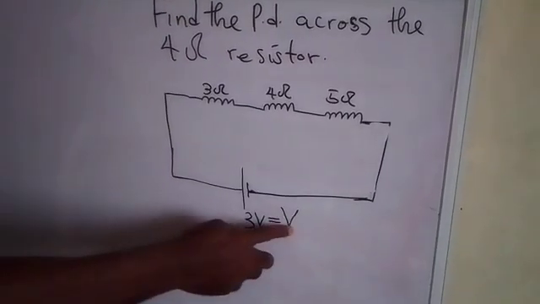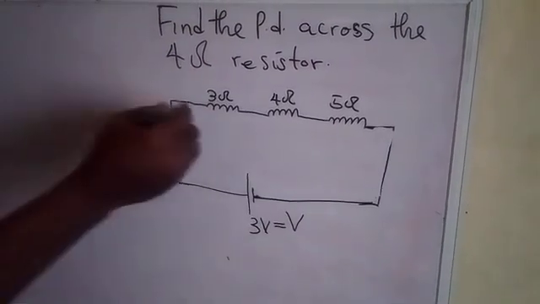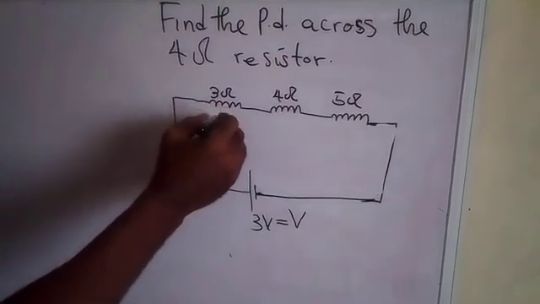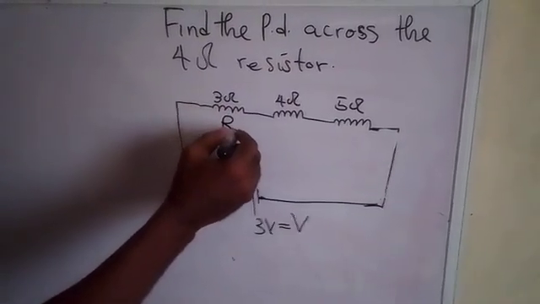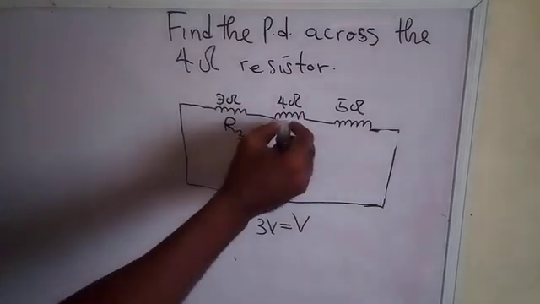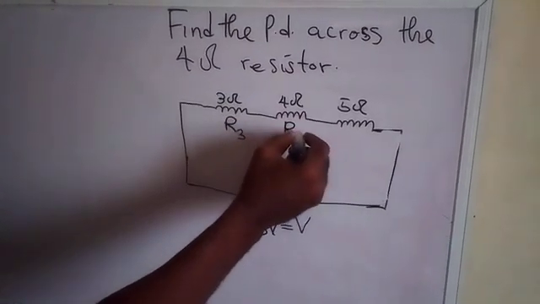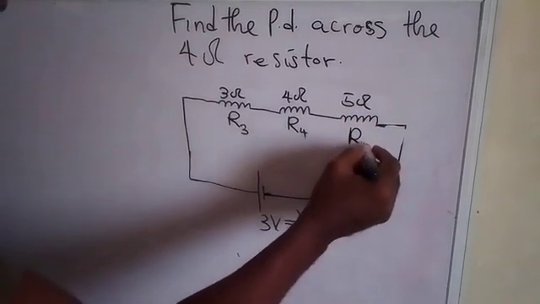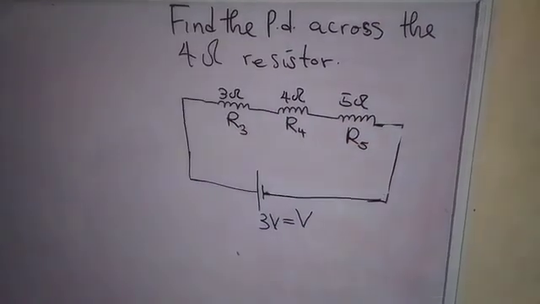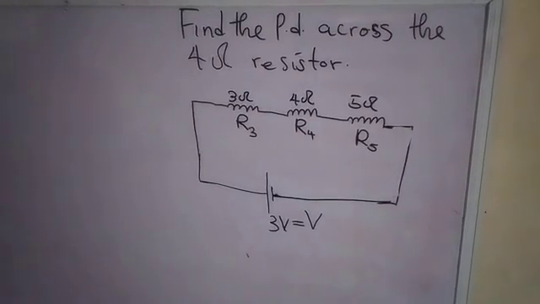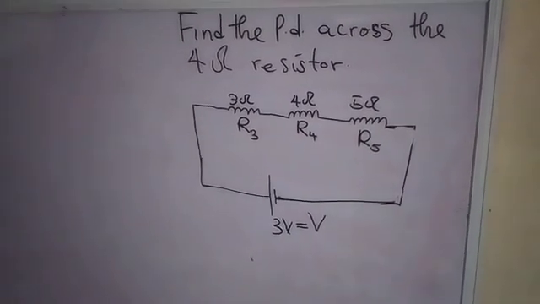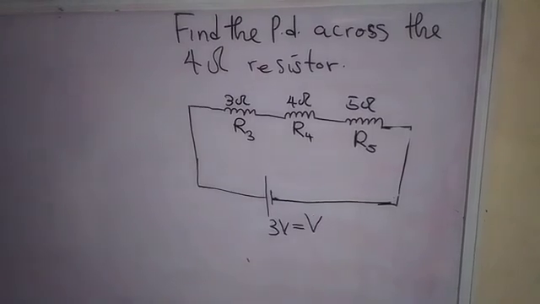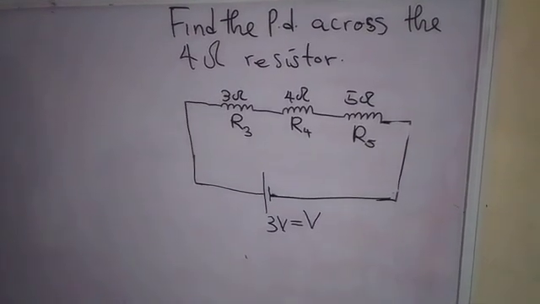I'm going to represent it with V. This 3 ohm resistor, I'm going to represent as resistor 3. The 4 ohms, I will call resistor 4. And the 5 ohms resistor, I will call resistor 5. It doesn't matter the symbol you are using. I chose to use their values to identify them.